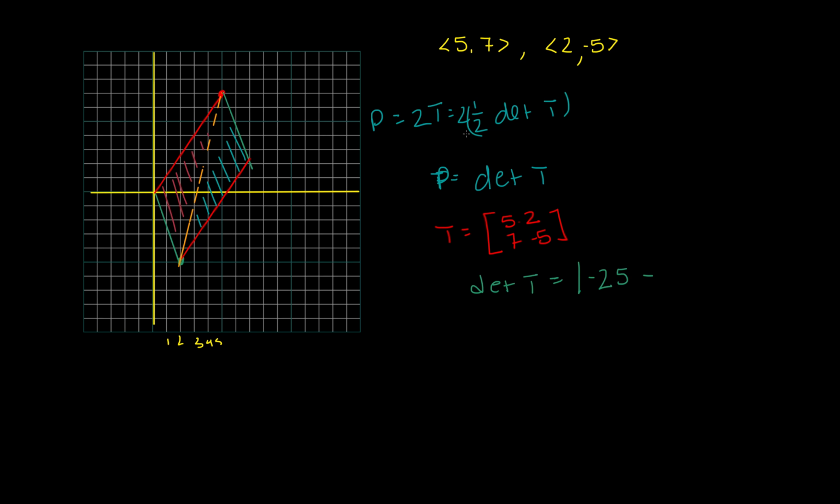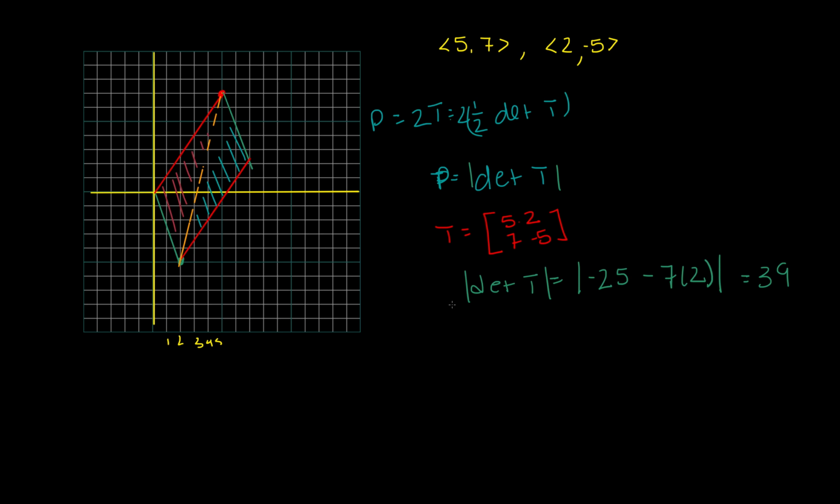And because this is a length, this is actually absolute value, so let's add those in there, because the area is going to be positive in our case, and this is equal to 39. And remember, area is positive.